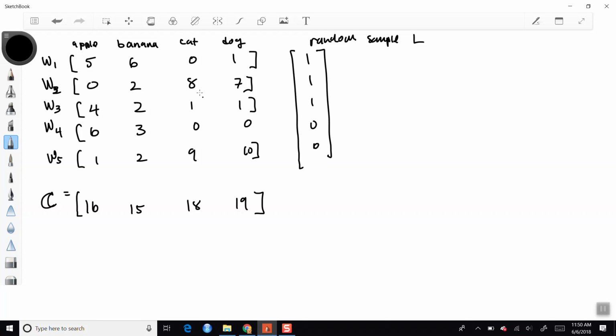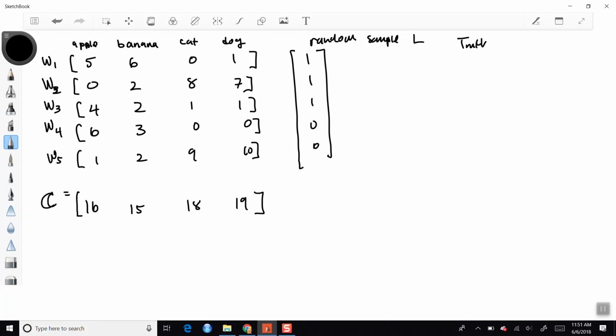When we look at this, we can obviously tell that documents 1, 3, and 4 are probably about fruits, and documents 2 and 5 are about animals.